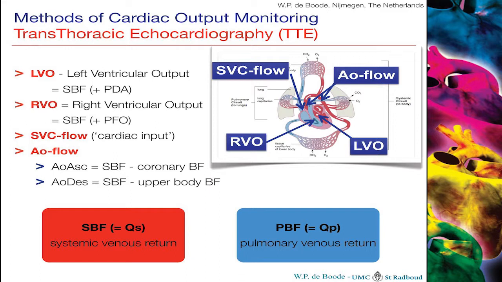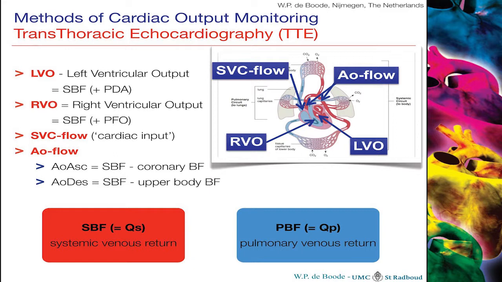When you measure aortic flow in the ascending aorta, you should notice that you're measuring systemic blood flow minus the coronary blood flow, which can be a quite high amount, about 10 to 20% of total cardiac output. And when you measure descending aortic flow, it's the systemic blood flow minus the upper body blood flow.